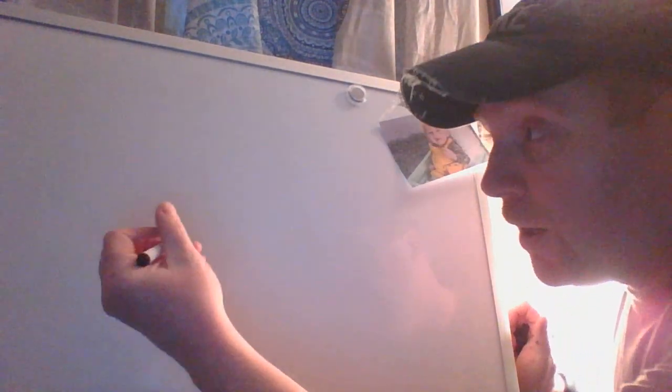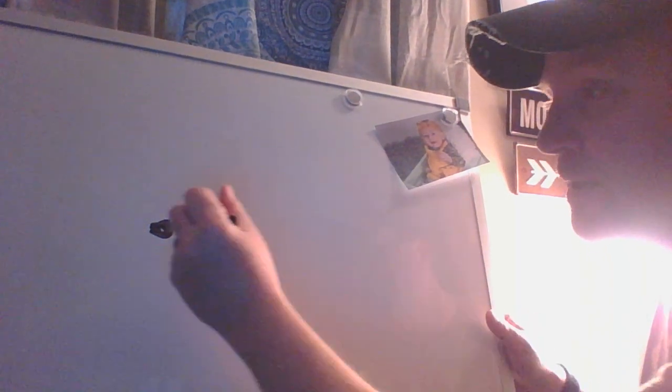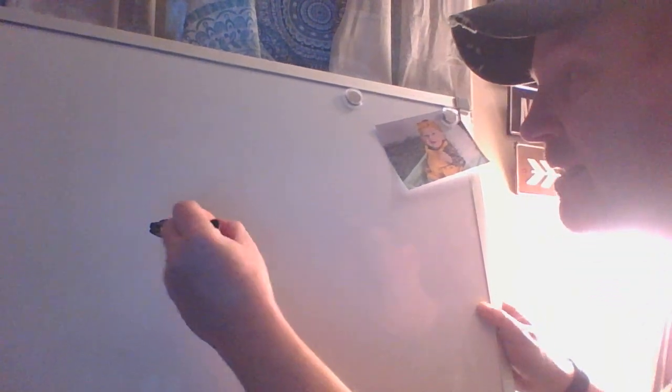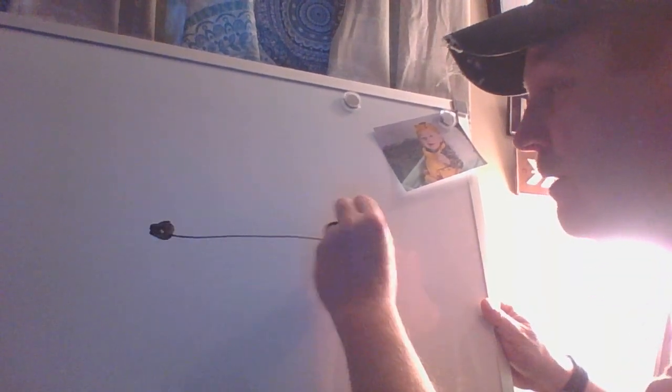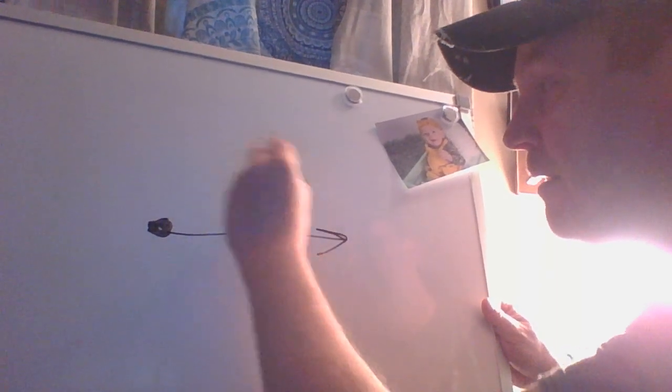Okay, let's say we have an object that is going to go in motion, and it's starting right at the center of this whiteboard here. That's the starting point. Let's say the object travels 10 meters to the right, we're going to call it east. So I'm going to put a little arrow here, and we're going to write 10 meters.